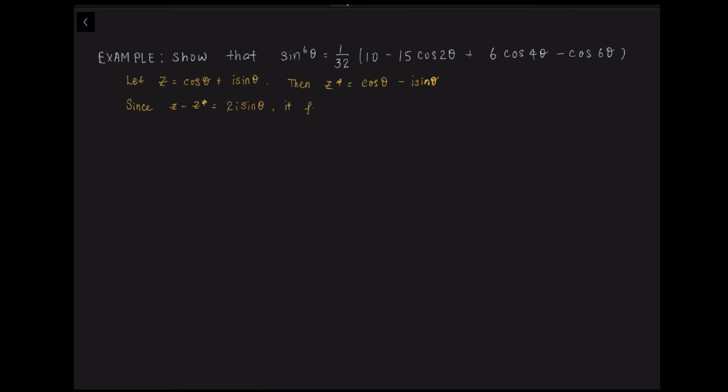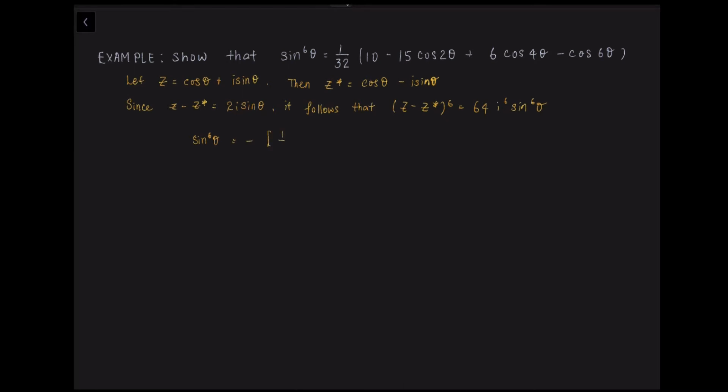But then we want sine theta to the power of 6, so we change it: z minus z star to the power 6 equals 2i sine theta to the power 6. And so we have 64 i to the power 6 times sine theta to the power 6.